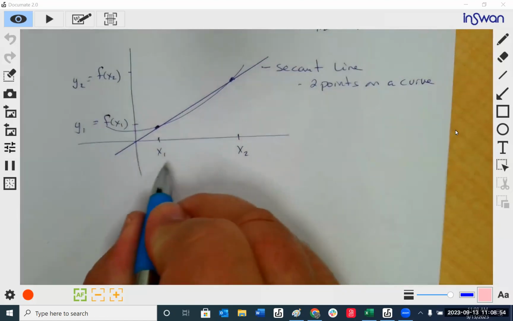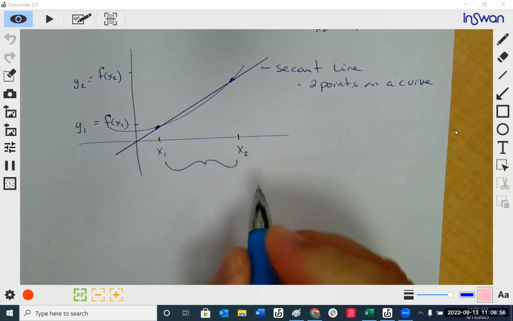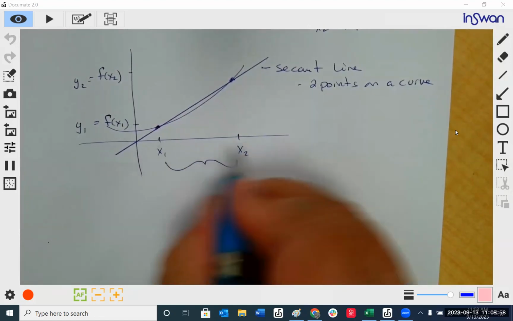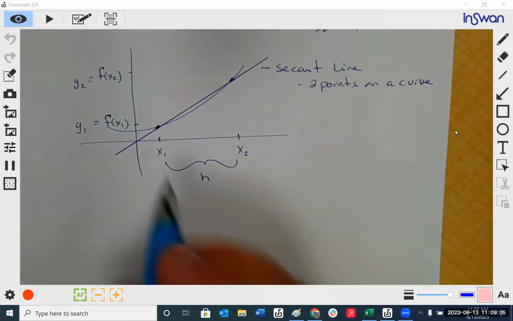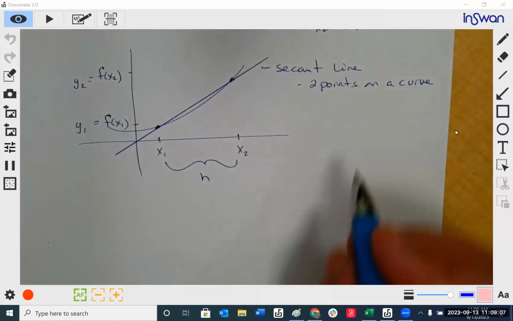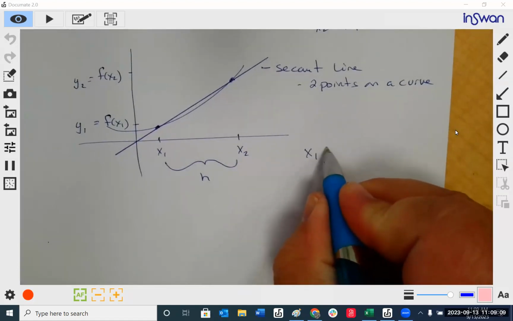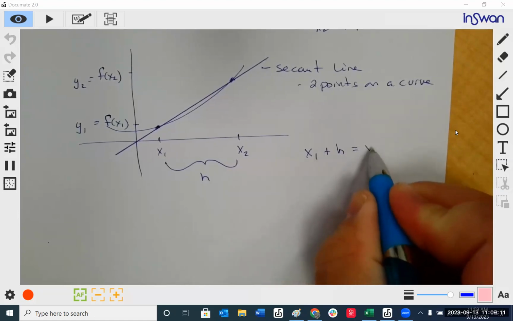So what we have here is this. The distance between x1 and x2 is called h. Because how would we get from x1 to x2? If we add h to x1, then we get to x2.